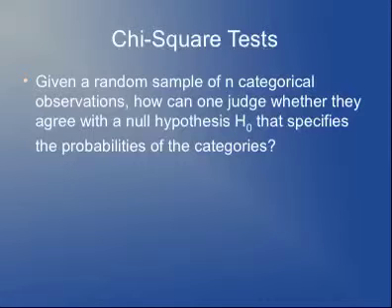And there are several variations of chi-square tests that we'll consider, but the simplest one is, say that you have a random sample of n different categorical observations, and let's say that you have some hypothesized proportion of the observations that should be in each of several possible categories. And you can use a chi-square test to test this type of hypothesis, so I'll illustrate here in a second.